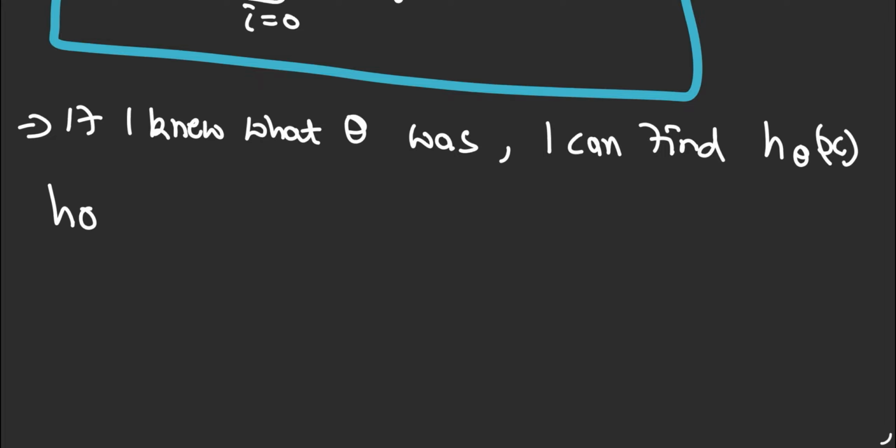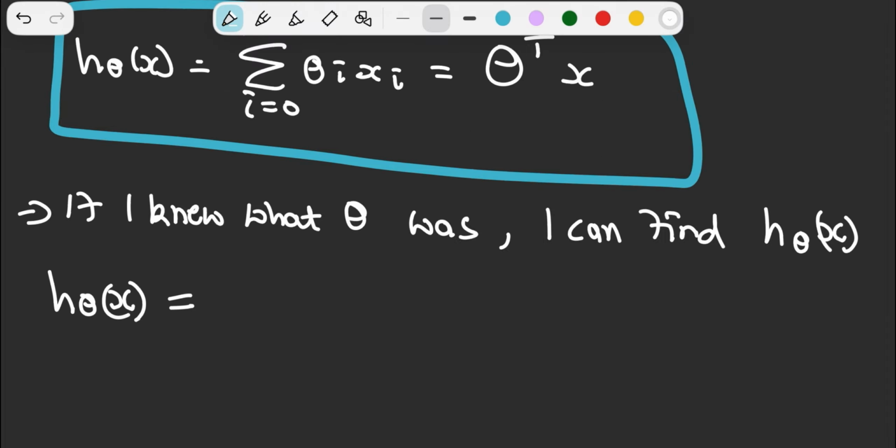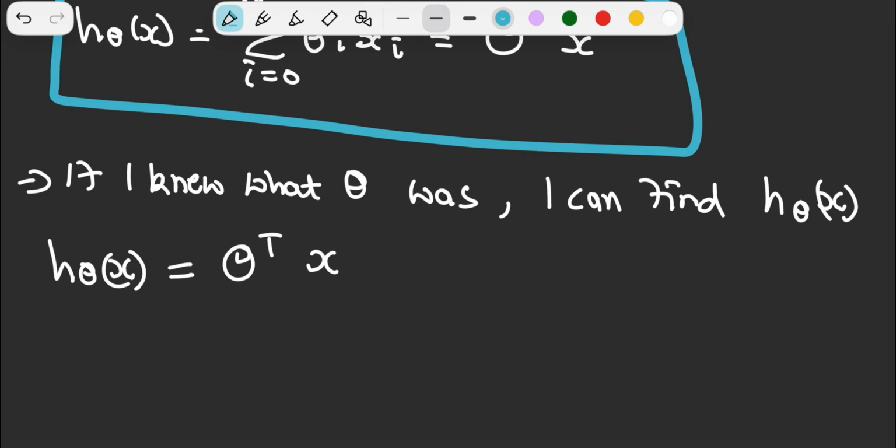Bear in mind, h theta of x is equal to theta transpose times x. So if I were to know what theta is, theta's relationship between all the input parameters that I used when I was training, and how it relates to my outcome.